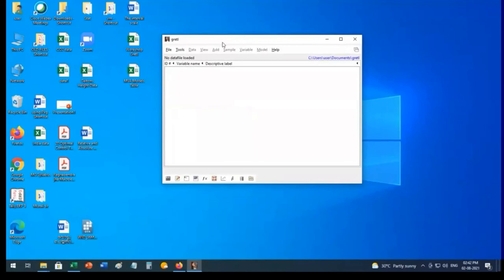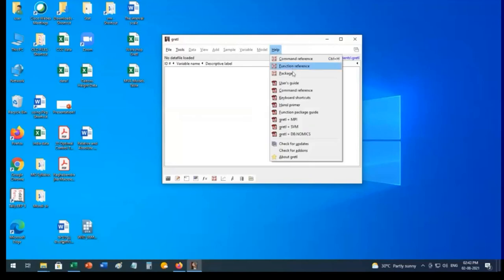So according to your computer type, you download the relevant one, 64 or 32, and then the downloading and installing will take less than 5 minutes, and you will get this. First you have got this window. You go to the help. Here you have the usage guide. This is the Gretl manual.